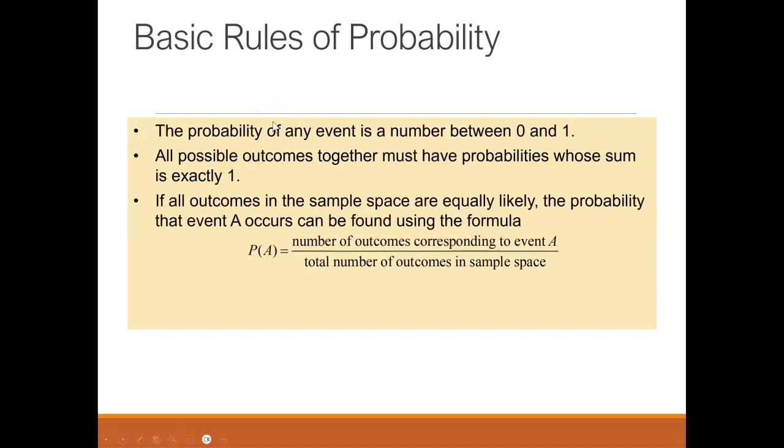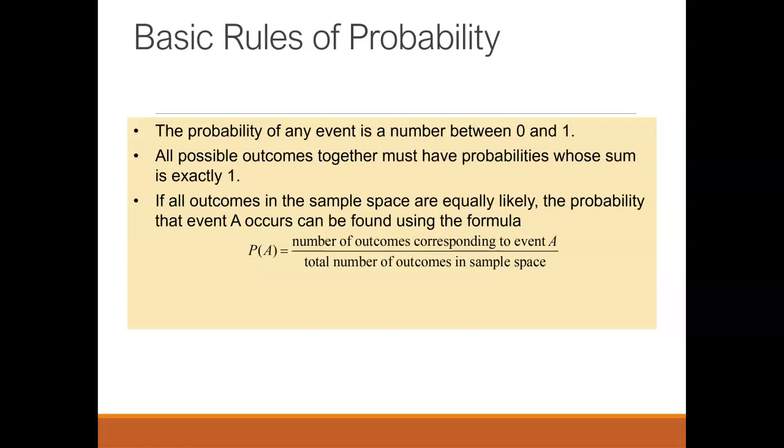If all outcomes of a sample space are equally likely, like if you're rolling a single die or drawing a single card from a deck, the probability that event occurs can be found using the formula: number of outcomes corresponding to that event divided by the total number of outcomes in the sample space.